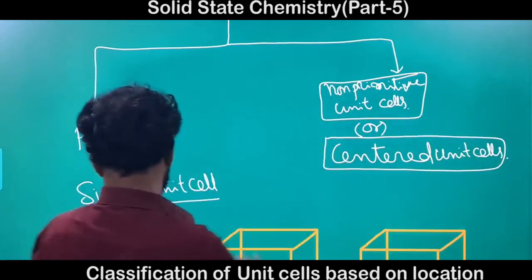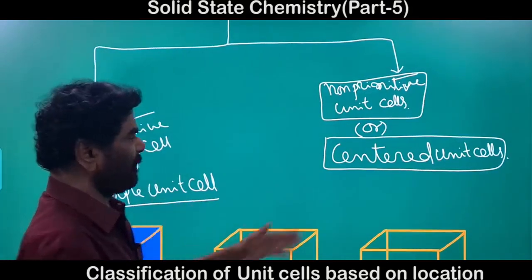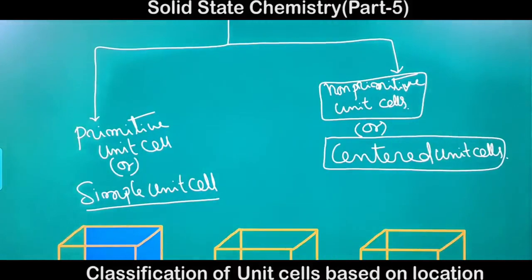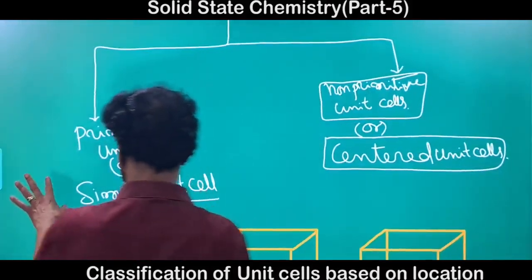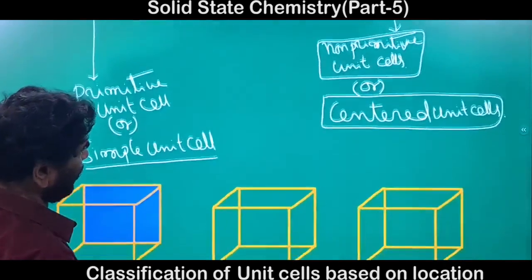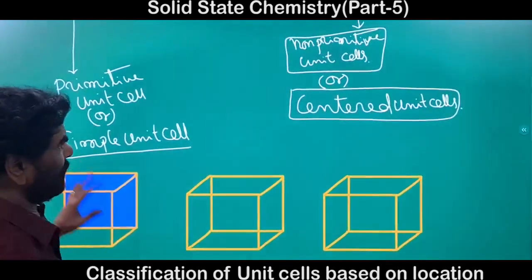So normally, simple unit cells and centered unit cells. Let us see what is the meaning of centered and primitive unit cell. These are the two types.